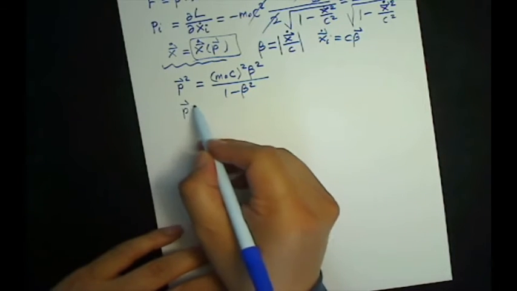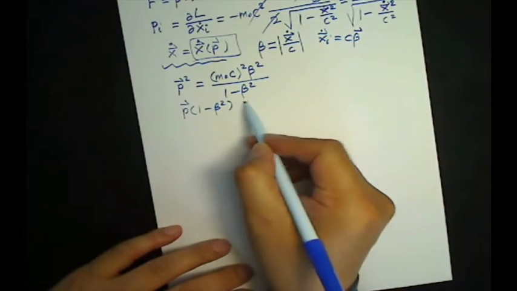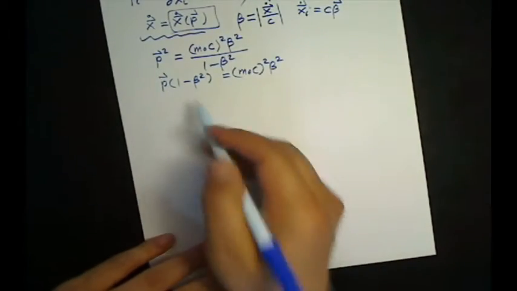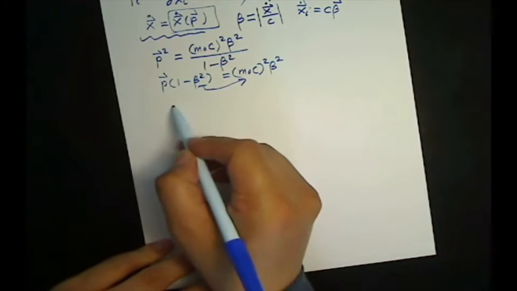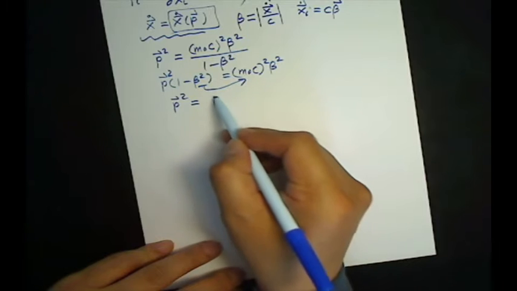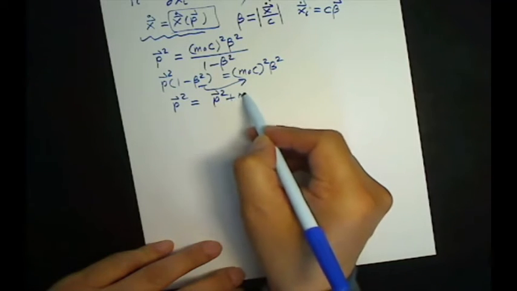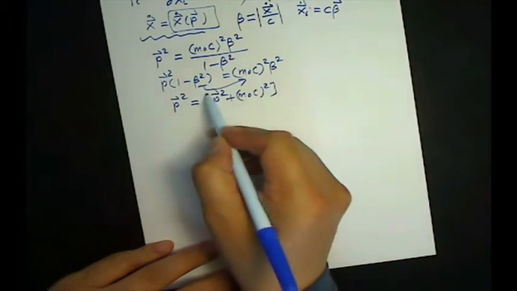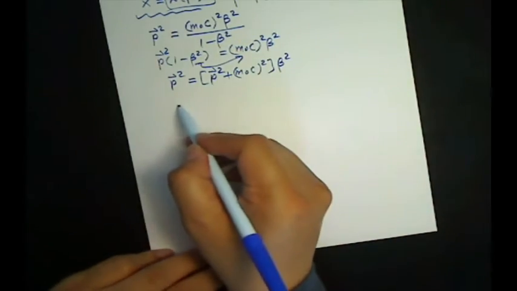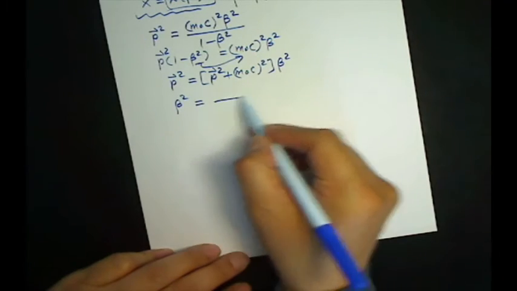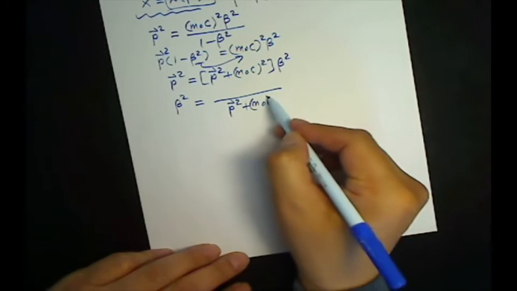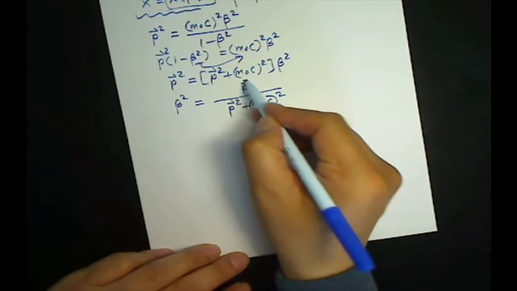So p squared times 1 minus beta squared equals m0c squared beta squared. This can be moved over, and we have p squared equals p squared plus m0c squared times beta squared. Therefore beta squared equals p squared over p squared plus m0c squared.